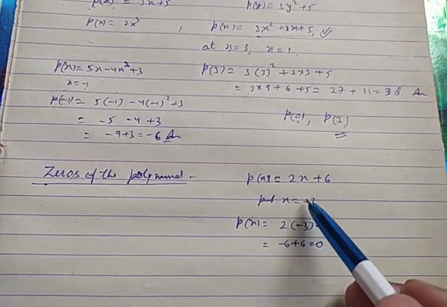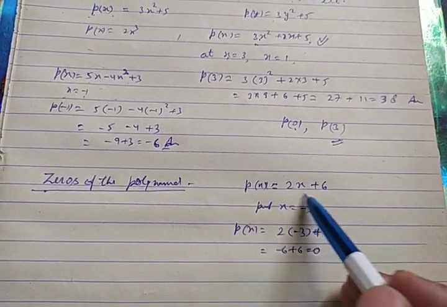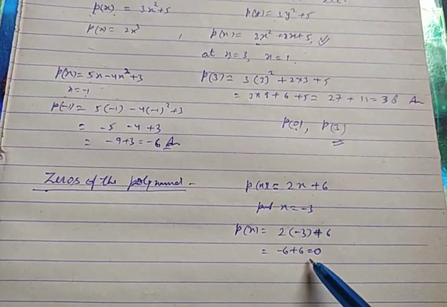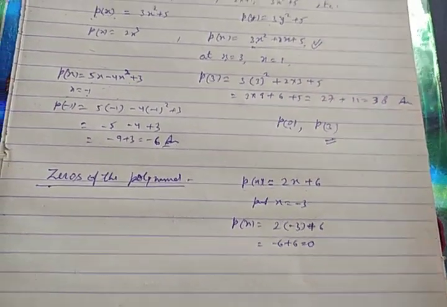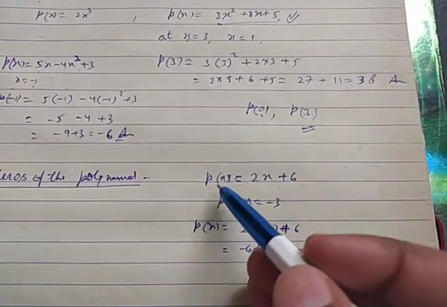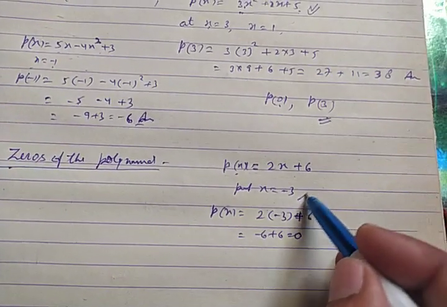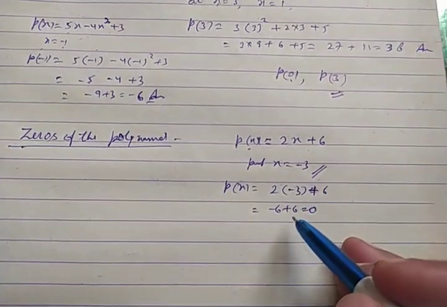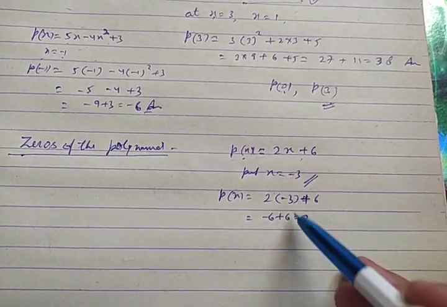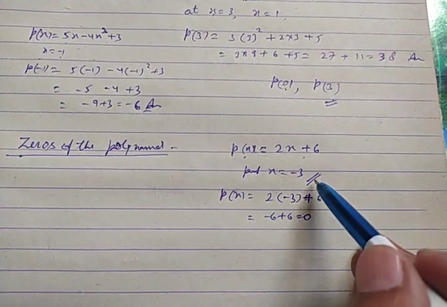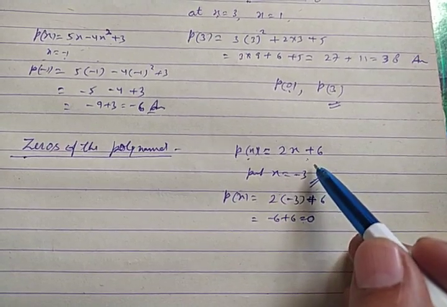There is a value, minus 3, at which the expression, meaning the polynomial, is becoming 0. Other values may be calculated, x equal to 1, 2, 3, 4, whatever you want to calculate, but there is a specific value x equal to minus 3 at which this polynomial is getting 0. This value is called the zero of the polynomial.